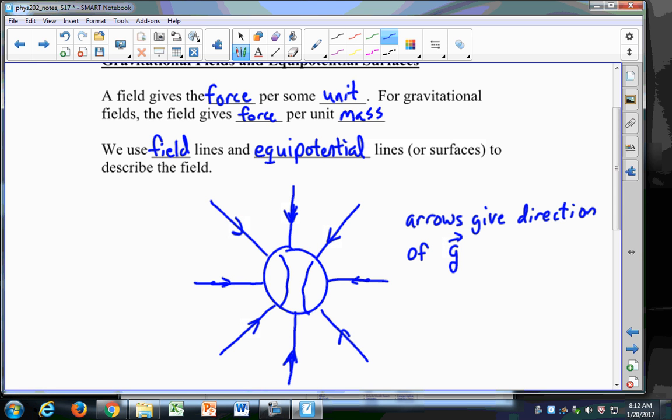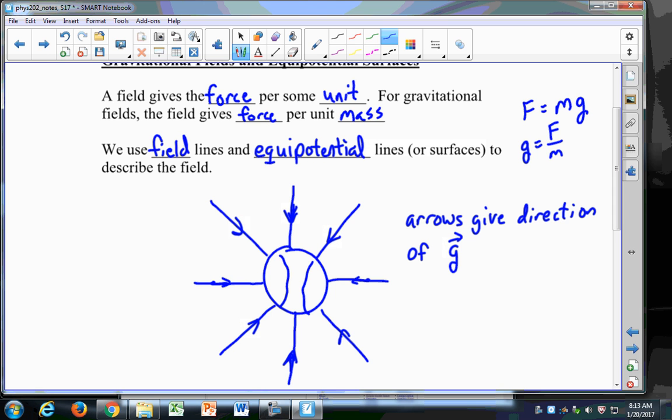In fact, if you remember where g came from, we said that F was equal to mg, that the gravitational force that an object feels is mg. Watch this. g is equal to force per unit mass. A field is just a force per unit mass. We've been doing this all along, that our gravitational field, we've been calling it g, is force per unit mass. So the arrows give the direction of g.